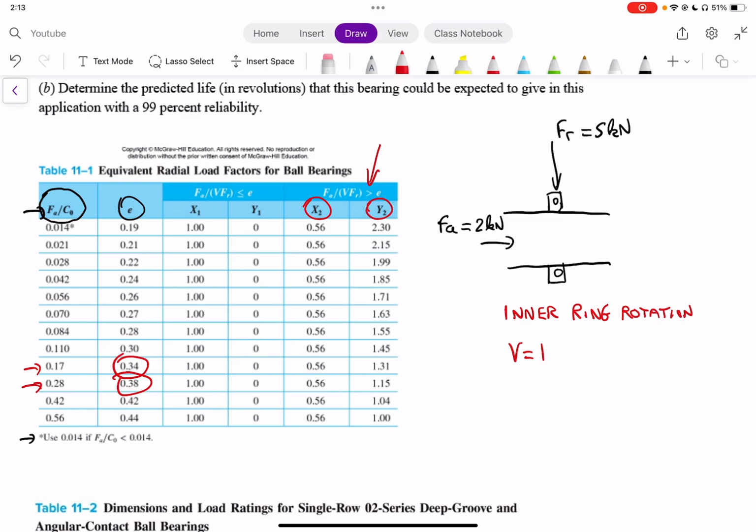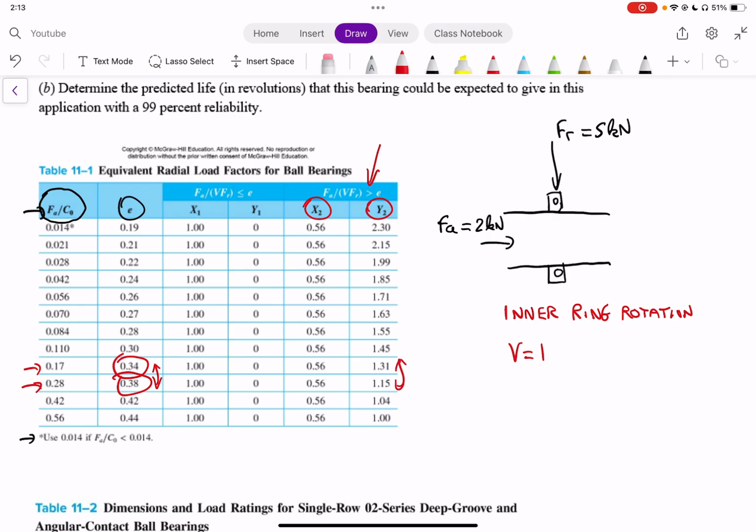If it was X1 and Y1, it'd be very easy. We wouldn't even have to interpolate, but because it's X2, Y2, we have to find a true value of FA over C0 and interpolate the values of Y2 between the two values, based on our FA over C0.